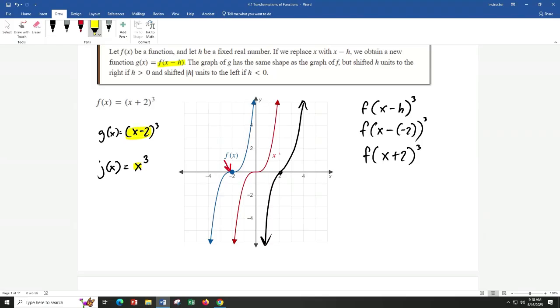We replaced the x with this other junk. Since that is happening inside the function part, I know that's my left or right. Anything happening outside that, like this plus right here, it's just plus 0. So I didn't move up or down.